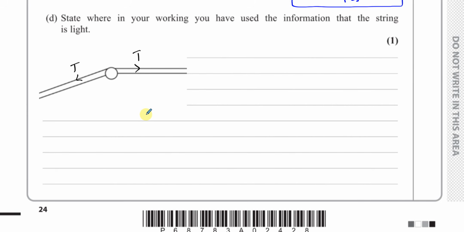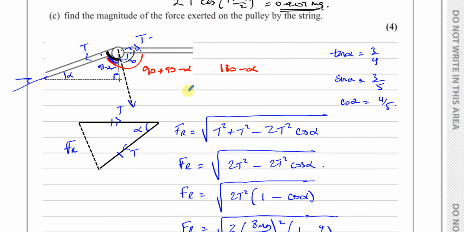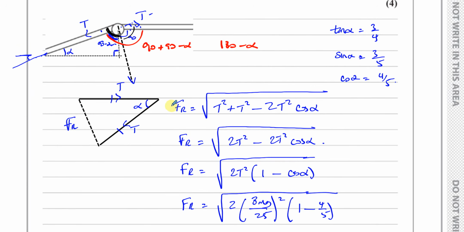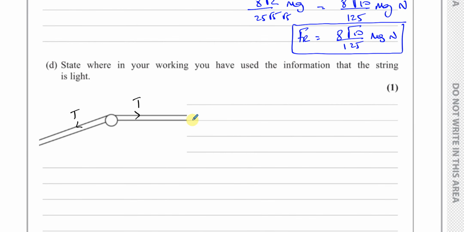Now that's not actually 100% true. That's not something in our working where we can show that. What we used is the fact that the tension on both sides of the string is the same. And how does the string being light contribute to this?